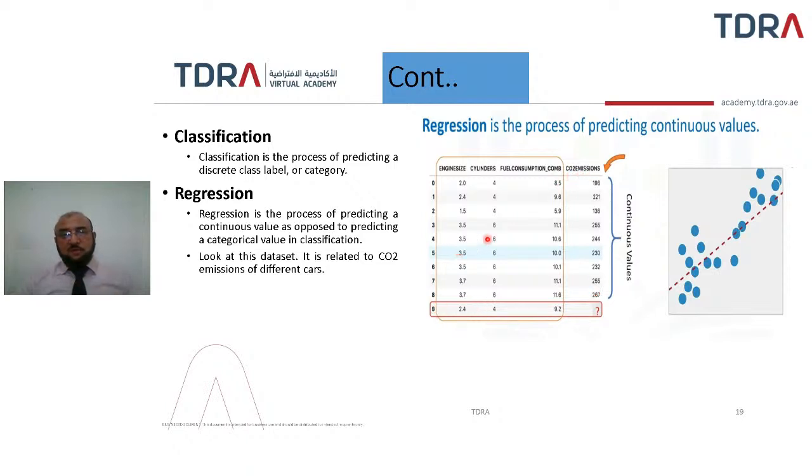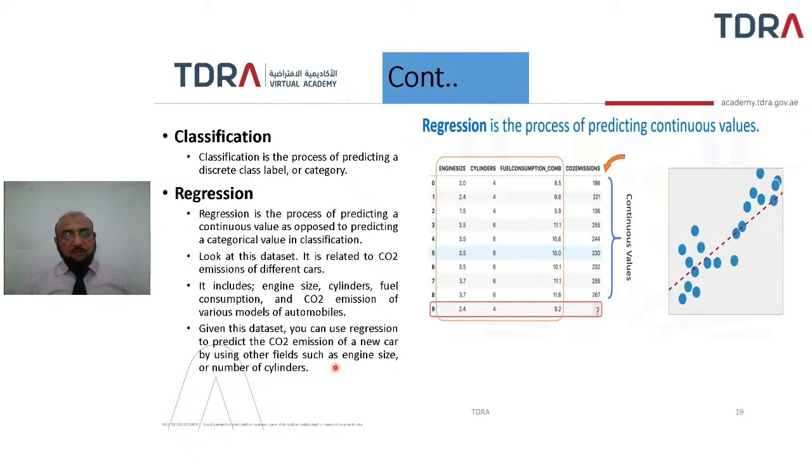A specific car has engine size 2, cylinders 2, fuel consumption 8.5, and its CO2 emission is 196. Based on this already provided data, through regression we can predict a new value. This is called continuous values. This is not categorical values, as compared to the classification.